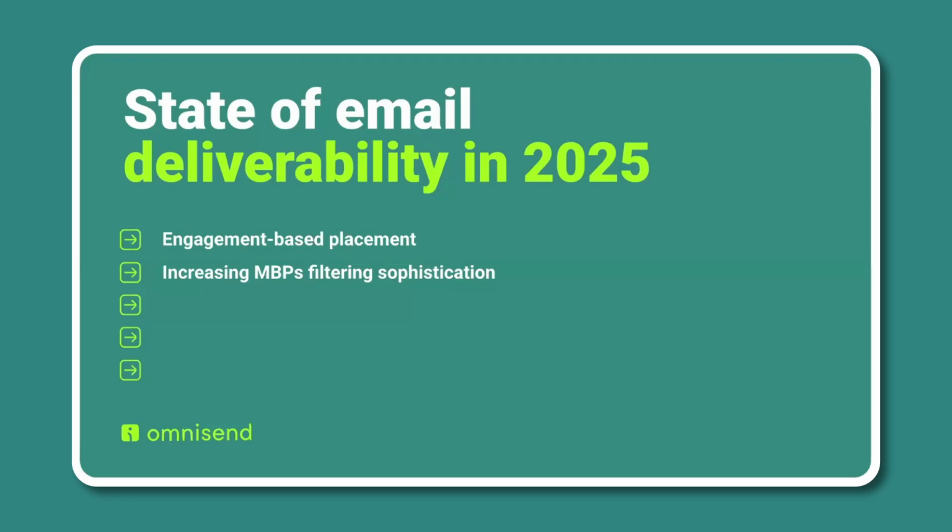So this means that overly generic or irrelevant emails are more likely to be deprioritized and sent to the spam folder. This means that your emails should always feel like they were written for your exact audience, the people who subscribe to your emails, and it should be very specific every time.